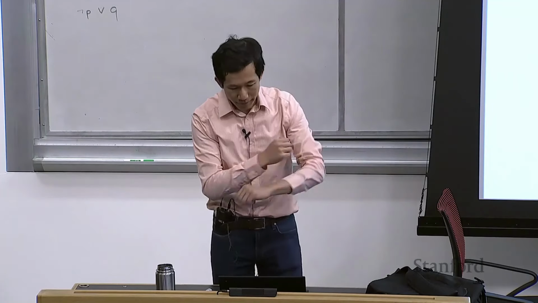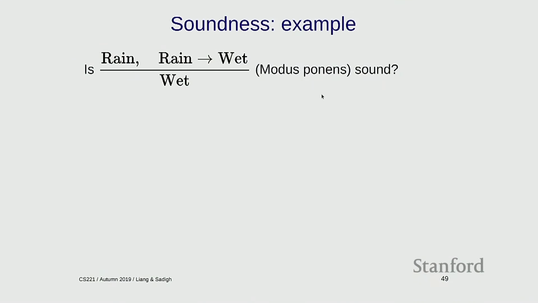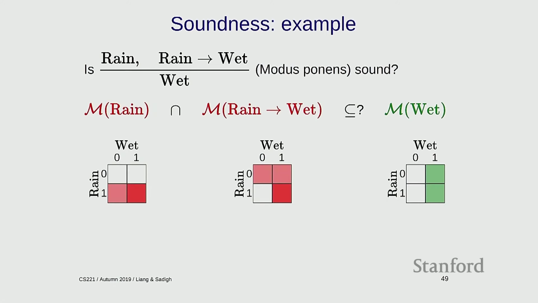Okay, so how do we check soundness? So is modus ponens sound? Remember, there's a rigorous way to do this. The rigorous way is to look at two formulas, rain and rain implies wet, and then look at their models. Rain corresponds to this set of models here. Rain implies wet corresponds to this set. And when I intersect them, that's the set of models which are conveyed by the knowledge base, which is this corner here.